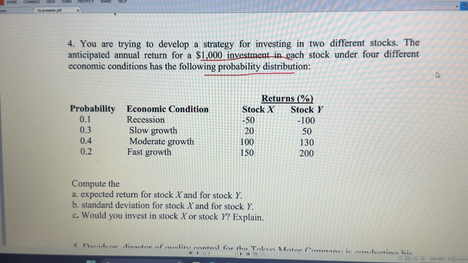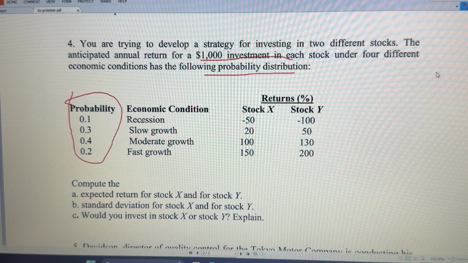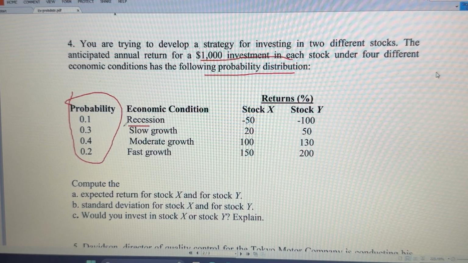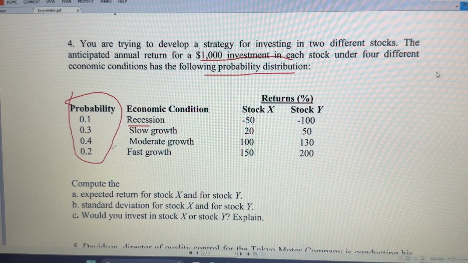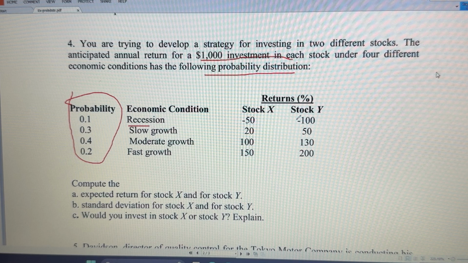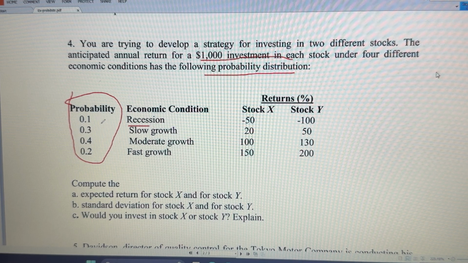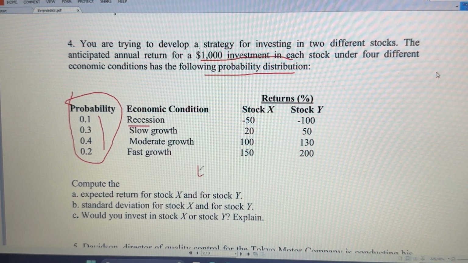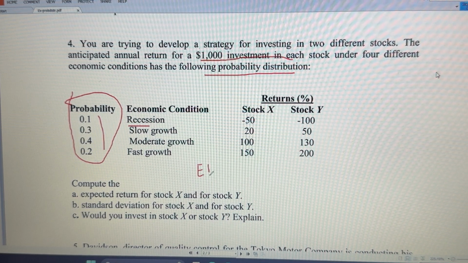So now you compute the expected return for stock X and for stock Y. So now in this case, we have a probability here. Now depending on the economic conditions, if it's recession 0.1, slow growth 0.3, 0.4, 0.2. So whether it's stock X or Y, the probability is similar. So therefore, if you want to find EX or ER, you may say expected return ER.